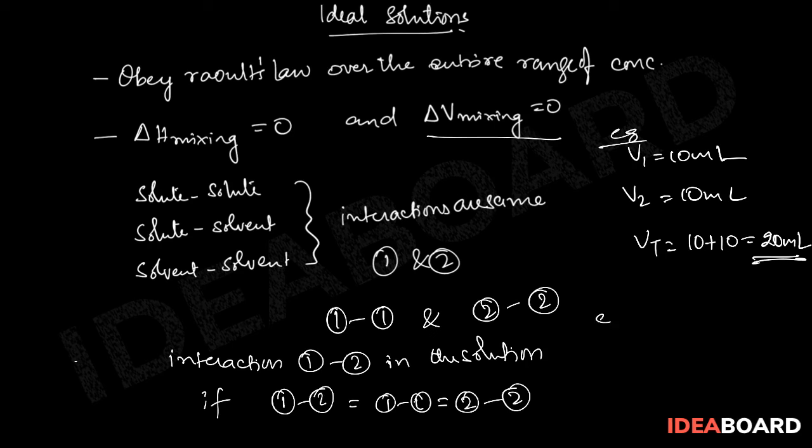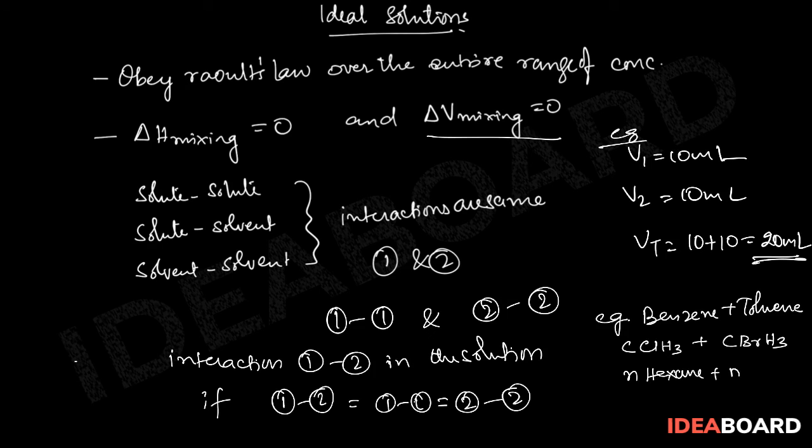Few examples for this type of ideal solution are the mixture of benzene and toluene. Then we also have bromoethane and chloroethane, CH3Cl and CH3Br, and also n-hexane and n-heptane.